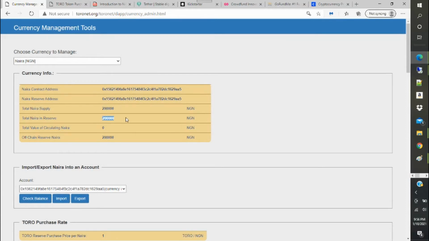It was imported into the reserve, and what that means is by the time this is done, in an off-chain real-world account that belongs to the blockchain system foundation, 200,000 Naira has been deposited in there to back this amount. So off-chain, there's this amount. On the blockchain in the reserve, there is this amount. So this is the beginning of the transactions on the blockchain.